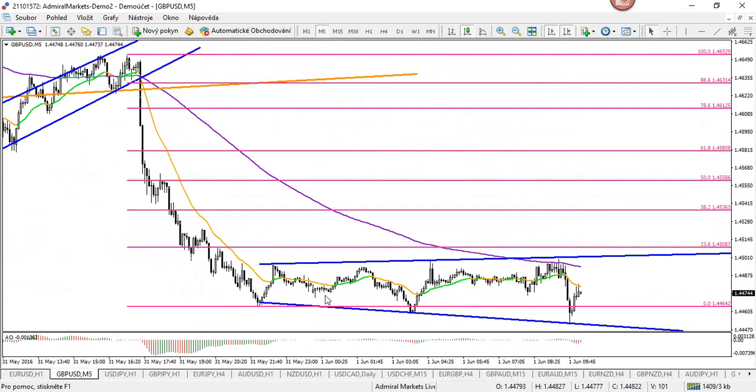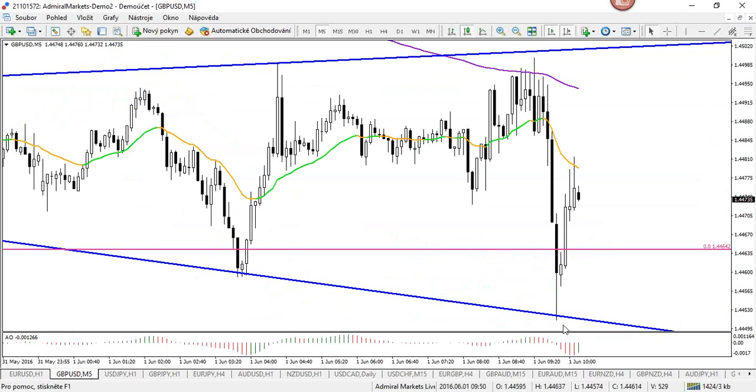Let's count the waves in this triangle. This could be an A, this could be ABC for B. This could be an ABC for C. All right, so could this be a wave 1 and this a wave 2?